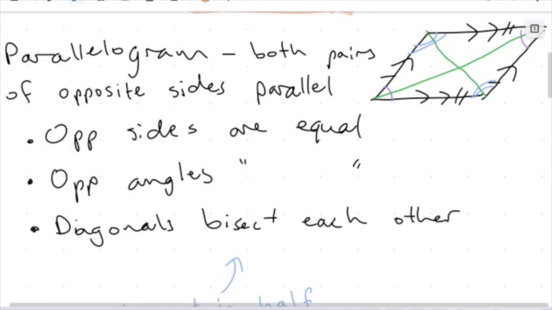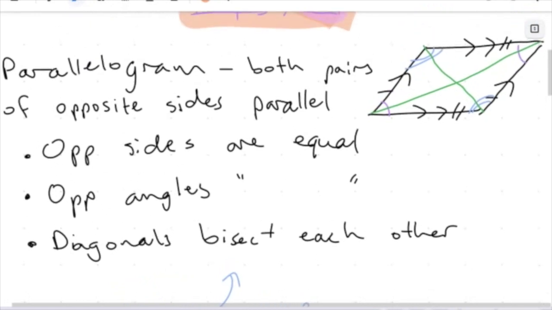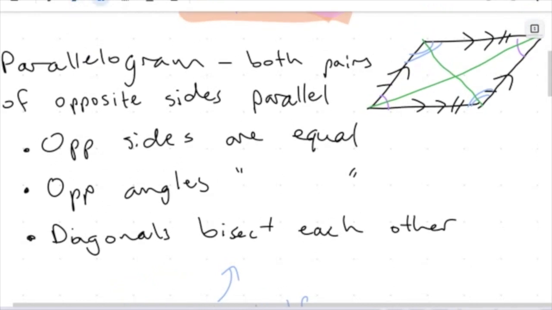And we've encountered this new word, bisect. Diagonals bisect each other. Now, all this means is just to cut in half. So that means if I had just this diagonal here, if I were to draw my second one, it's going to cut this first line in half.